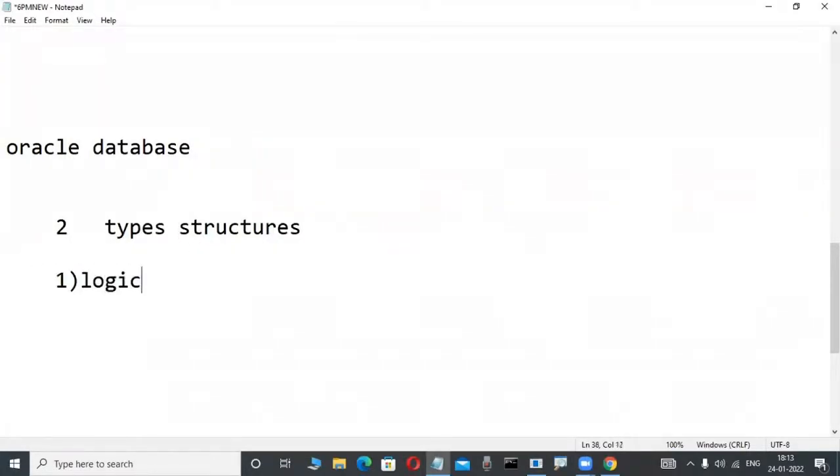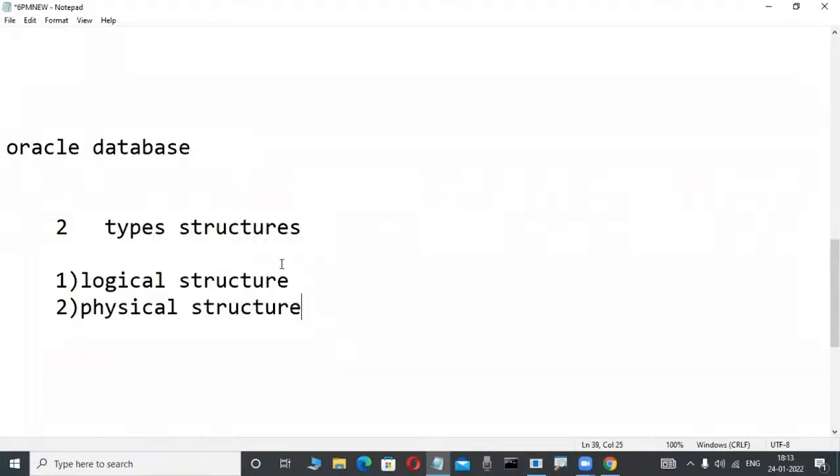Slowly observe here. Logical structure, and another one is physical structure. What is a logical structure?